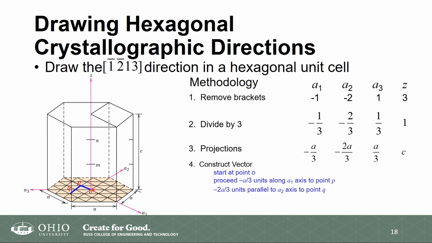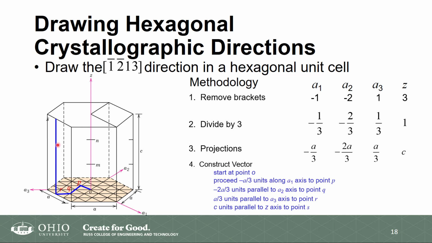So the A2 axis, positive goes in that direction, so our negative is going to be in the opposite direction. But we don't start from the origin, we start from where we ended, so we move backwards that way. And then the next one is 1/3 units parallel to the A3, so we move 1/3 that way, and then we go C units parallel to the Z axis. So C units parallel to the Z axis to point S.